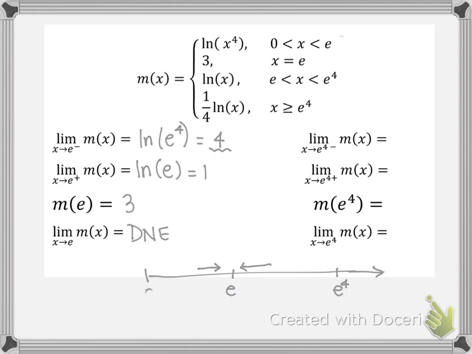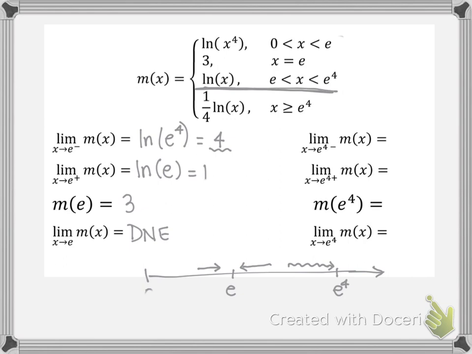Okay, now we're looking for the left-hand limit as x approaches e to the fourth. When I approach e to the fourth from the left-hand side, looking at our number line, that means I'm inside the interval from e to the fourth. That's given by this piece of the piecewise function.